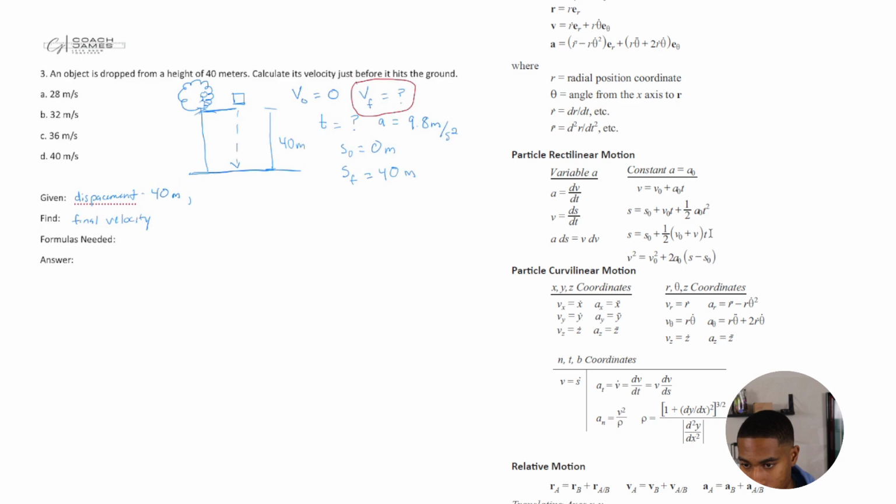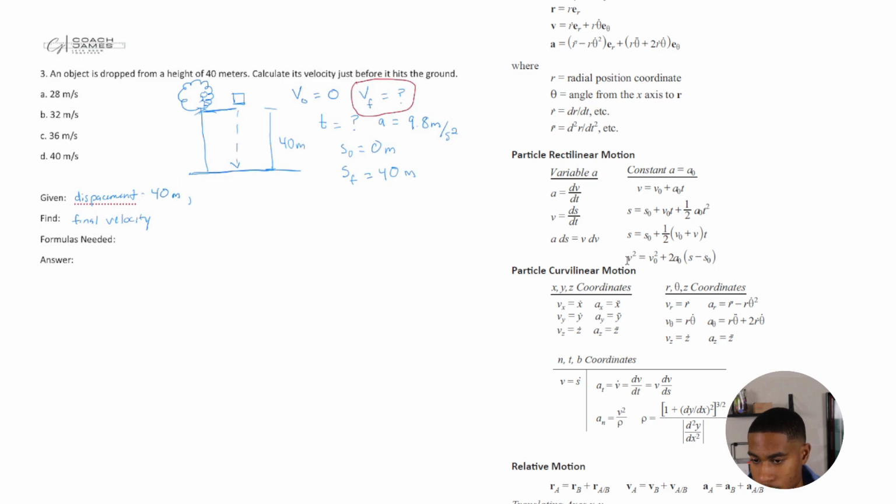So these first three don't seem very good. Let's see if we can use this last one. Do we have V final? No, that's what we're searching for. Do we have V initial? Yes. Do we have acceleration? Yes. Do we have S final? Yes. Do we have S initial? Yes. So using this one, we only have one unknown.